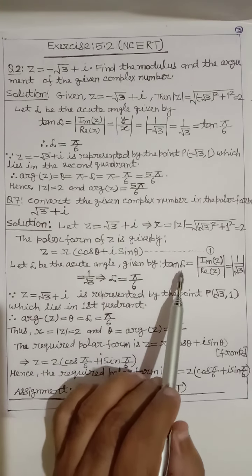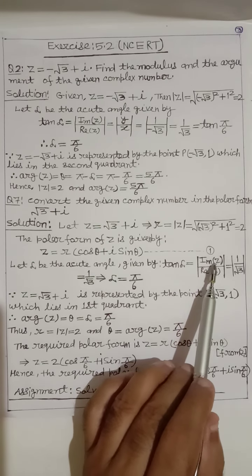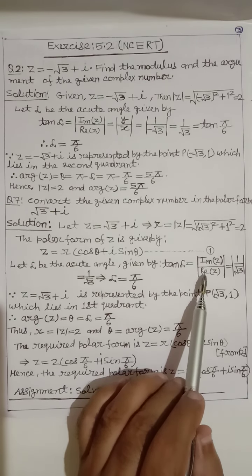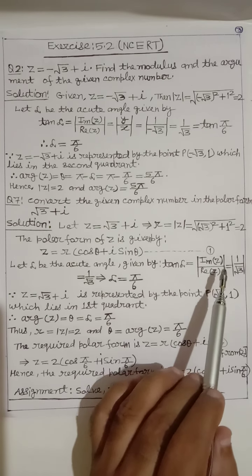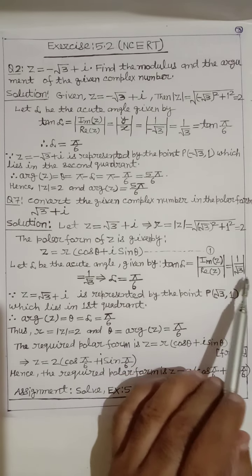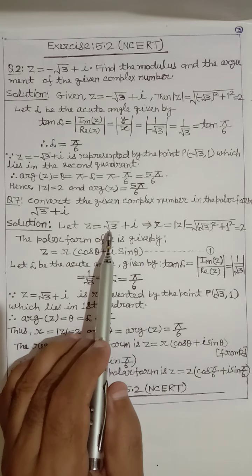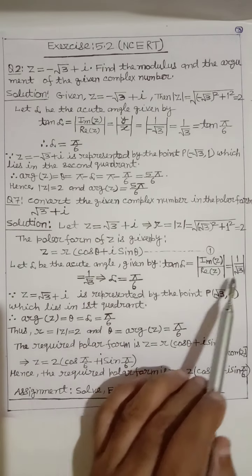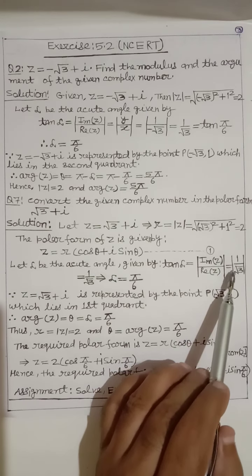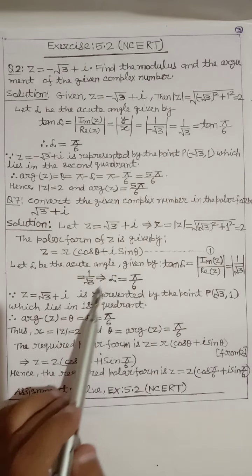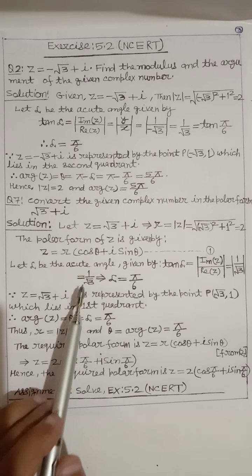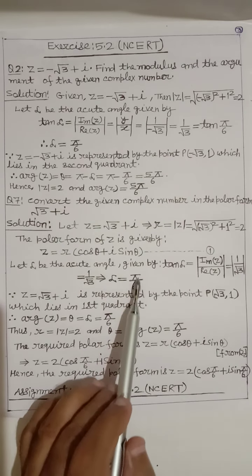In that case, tan alpha is equal to the imaginary part of the complex number by the real part of the complex number, and this is also equal to modulus of y by x, and here y is 1, x is equal to root 3, so we can write mod of 1 by root 3, and this is equal to 1 by root 3, and this is the value of tan pi by 6. In this case, alpha is equal to pi by 6.